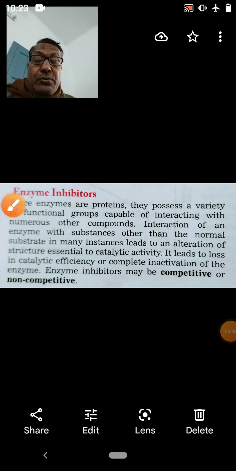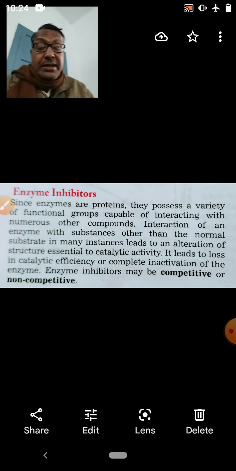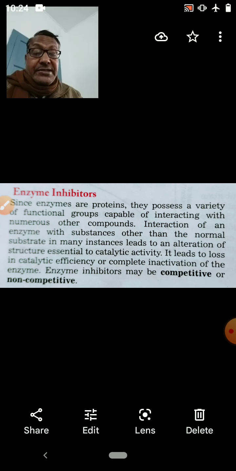Children, you have to study enzyme inhibitors. So, what are enzyme inhibitors? The substances which stop the activity of enzymes are called enzyme inhibitors.